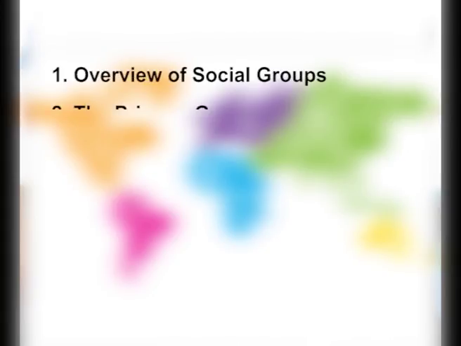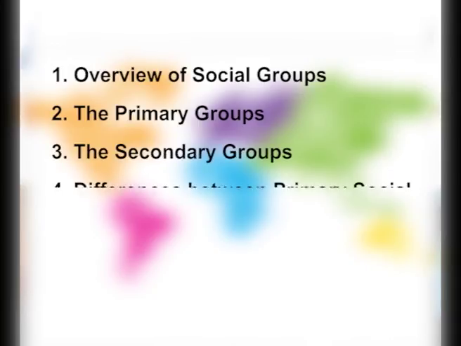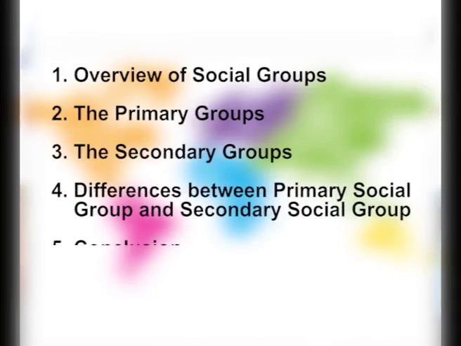We shall discuss the following: overview of social groups, the primary groups, the secondary groups, differences between primary social group and secondary social group, and lastly the conclusion. I hope these modules will cover a detailed explanation of today's topic. Let us move ahead and have an overview of social groups.